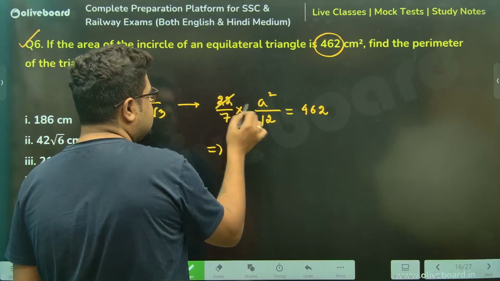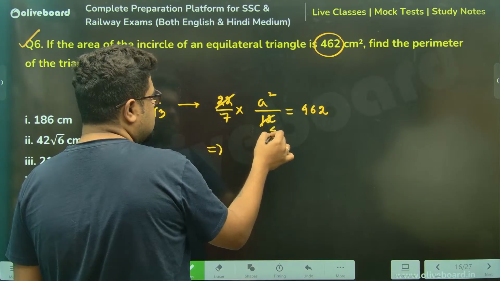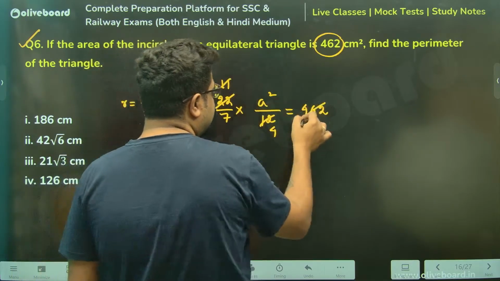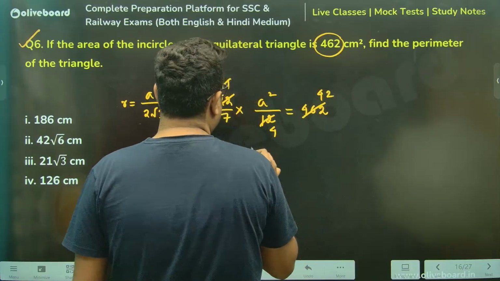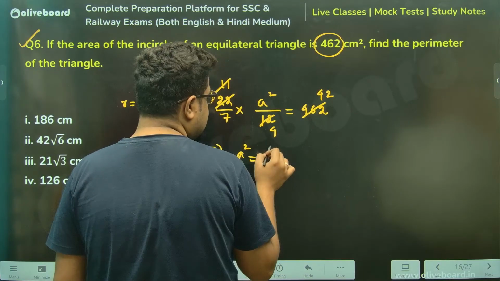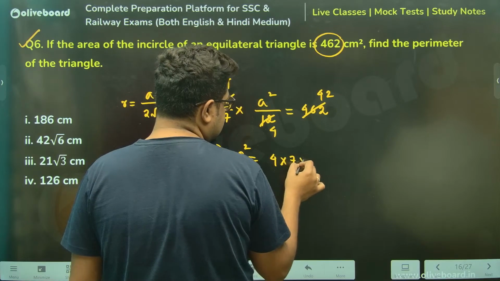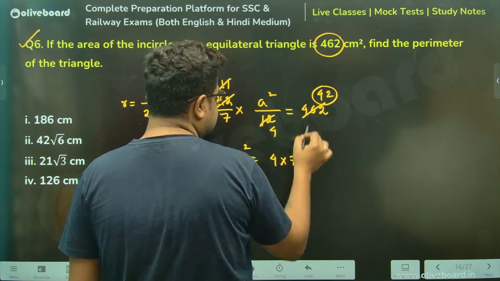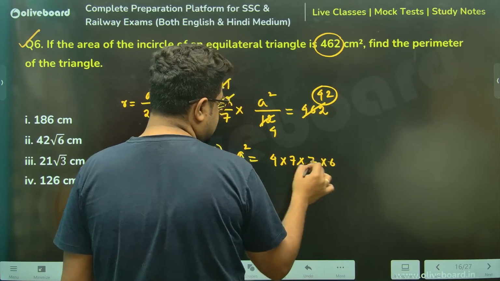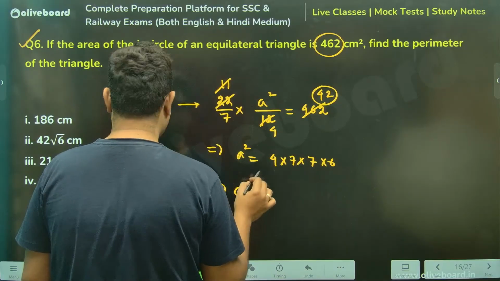Chalo, let's calculate. 2 fours, 2 11s, 11 fours, 2s. So A square will be 4 there, 7, and this will be 6 into 7. Acha, haan.